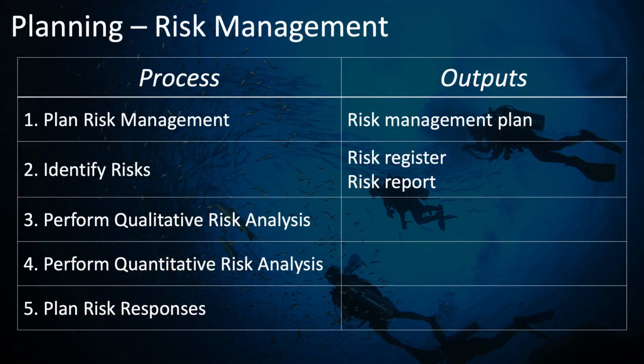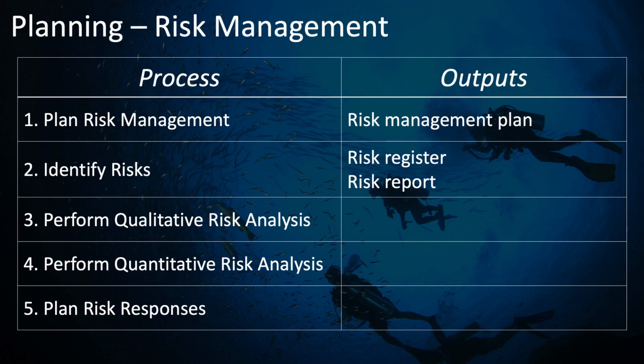The Risk Management Knowledge Area's Planning Process Group includes 5 processes. Plan Risk Management, which has as its principal output the Risk Management Plan. Identify Risks, which has as its primary outputs the Risk Register and the Risk Report.